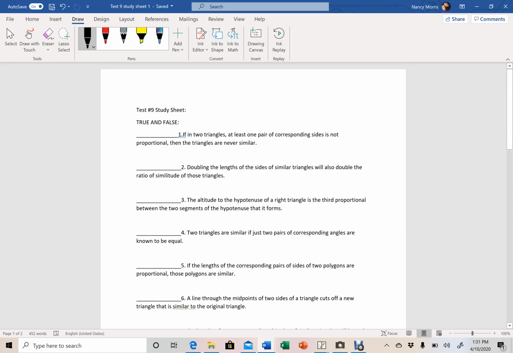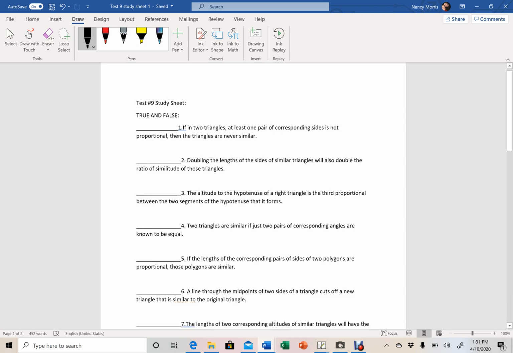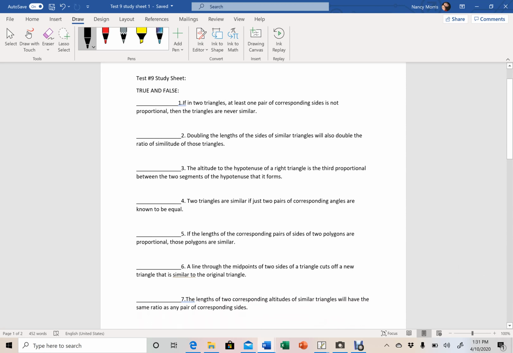But remember, this is not the test, in that if I just memorize true, true, false, false, true, false, I'm not going to be able to get 100 on the test. So I have switched these around. I've changed a couple of things, and the purpose of this is just so that you have the material to study for. The first section here is true and false.